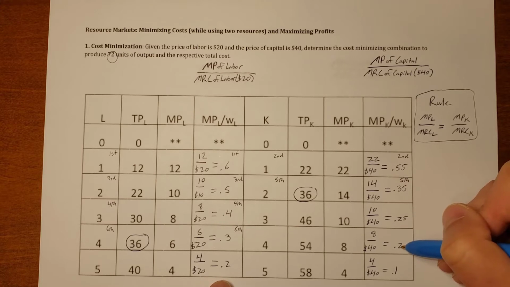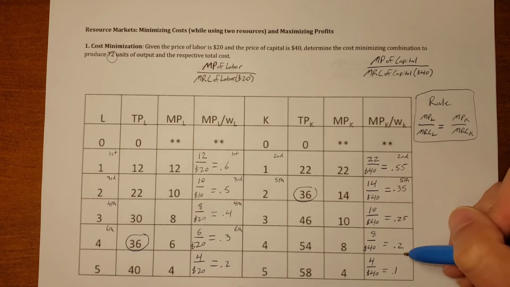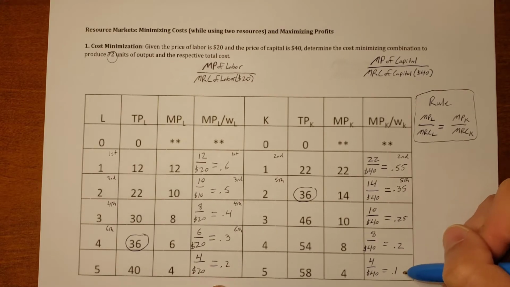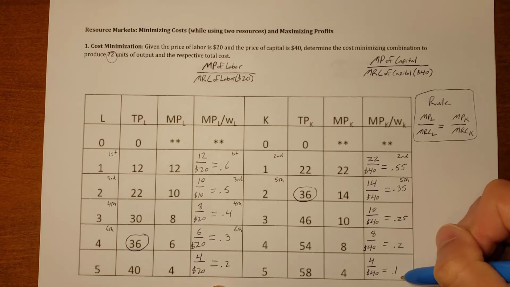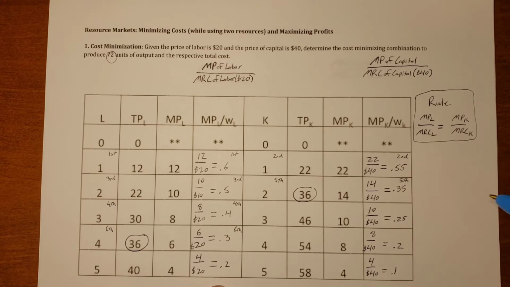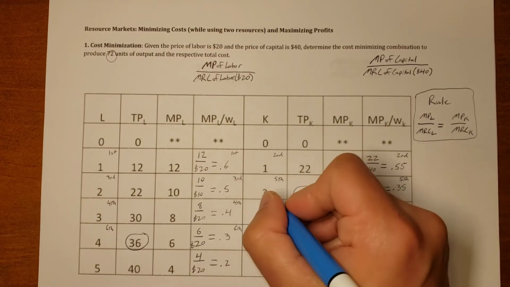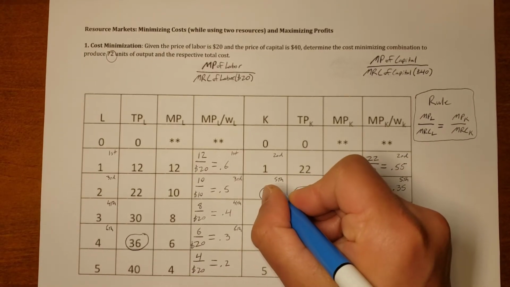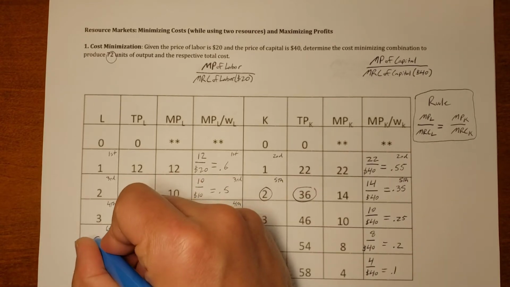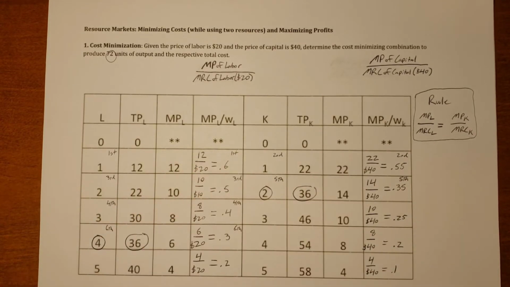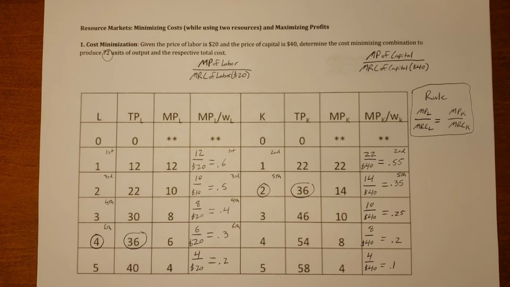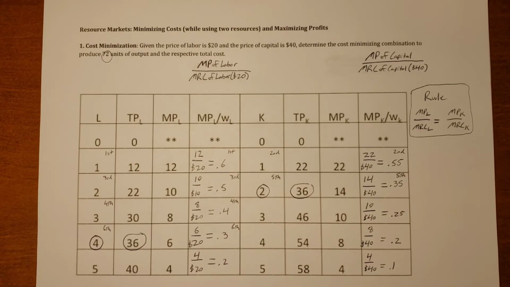And once you made either purchase and then bought the other one as well, you would last want to purchase the fifth unit of capital. But we're not going to go that far, because what you're going to end up purchasing is 2 units of capital and 4 units of labor to get the most output per dollar.